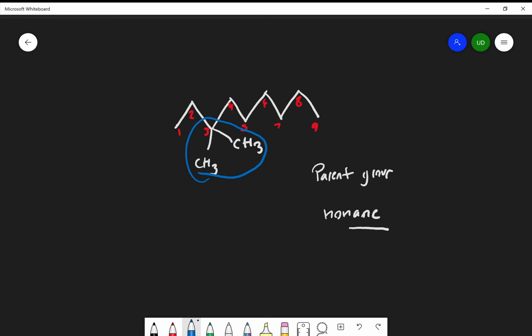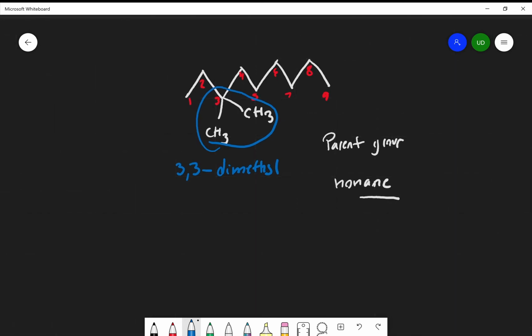Well, you would put 3, 3 because there's 2 methyls on carbon number 3, so you have to include the comma and repeat the 3 again, hyphen dimethyl. Since there's two methyls present, you have to combine them. So now we could give it its proper name.